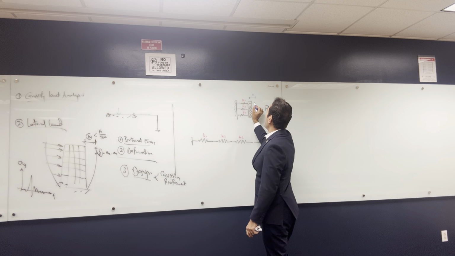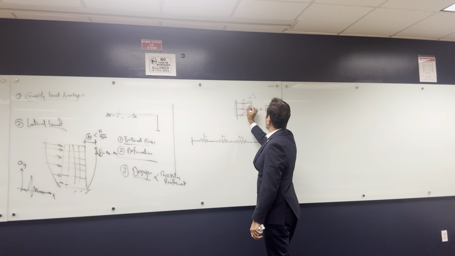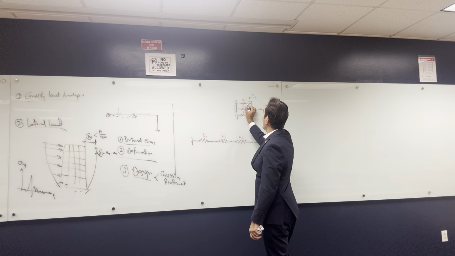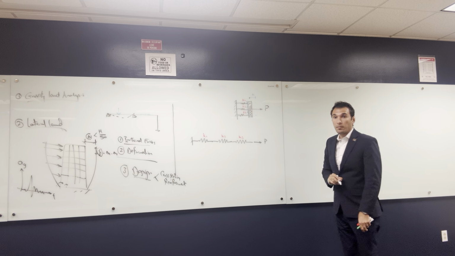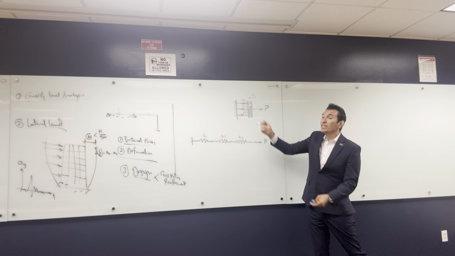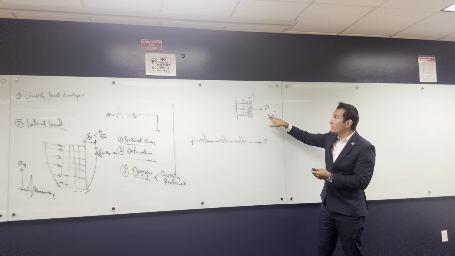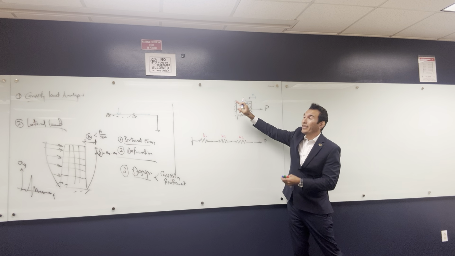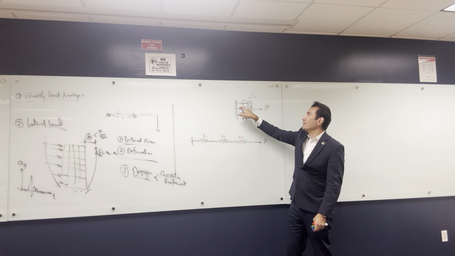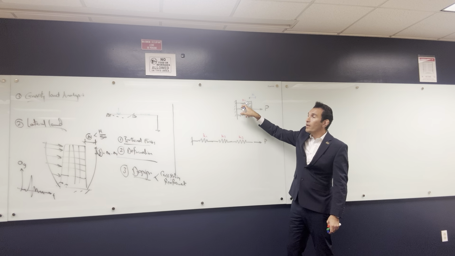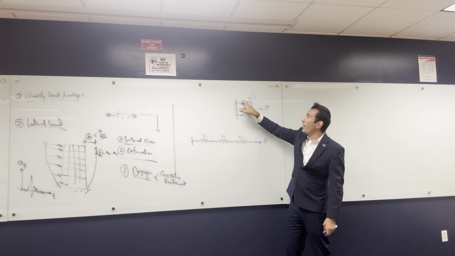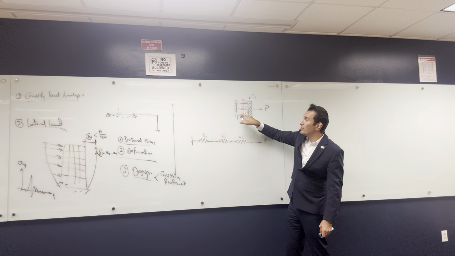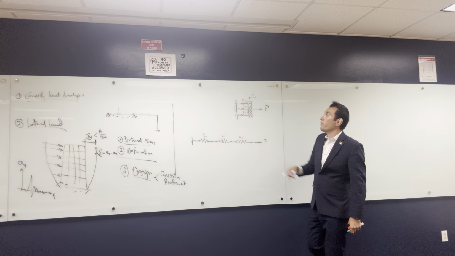So each spring is going to have a different force: this spring has P1, this one P2, and this one P3, okay? Everyone has a contribution of this force based on its stiffness. Let's say this stiffness is 10 times these two. This one takes most of the force. You have to overcome this so these two can move, all right?